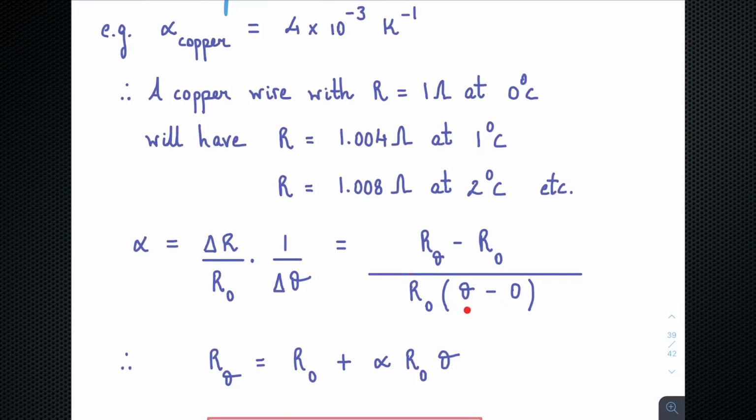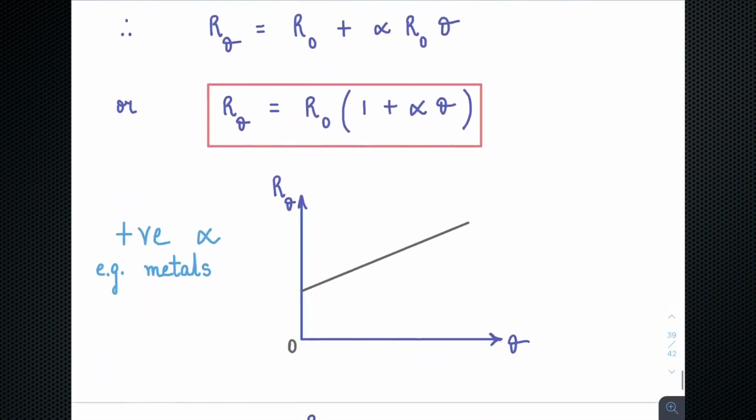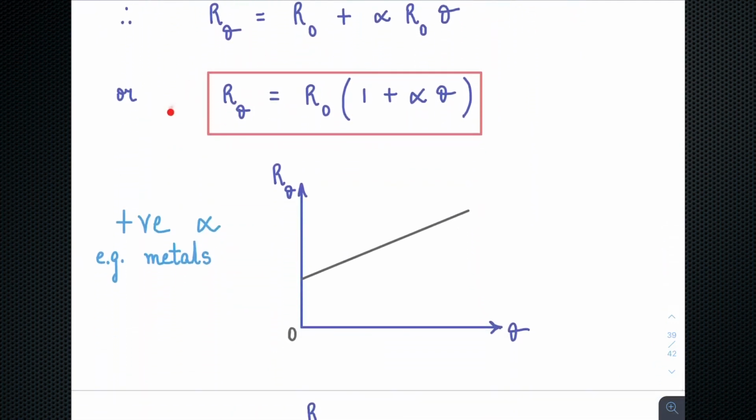So it is simply theta. So if we make R theta the subject, we get R naught plus alpha R naught theta, or we can simply write it as R theta is equal to R naught brackets 1 plus alpha theta.